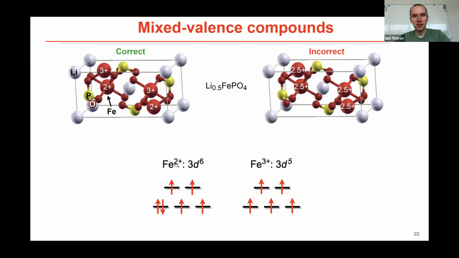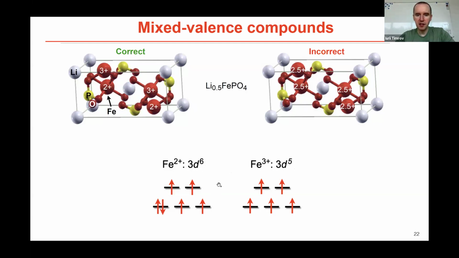And when we have oxidation state 2+, we took 2 electrons from 4s. So the 4s shell is fully empty, but the 3d shell still has 6 electrons. Now, if we increase the oxidation state from 2+ to 3+, it means we remove 3 electrons. We still take 2 electrons from 4s, so 4s is empty, but we also take 1 electron out from the 3d shell. So instead of 6 electrons in the 3d shell, we have 5 electrons.